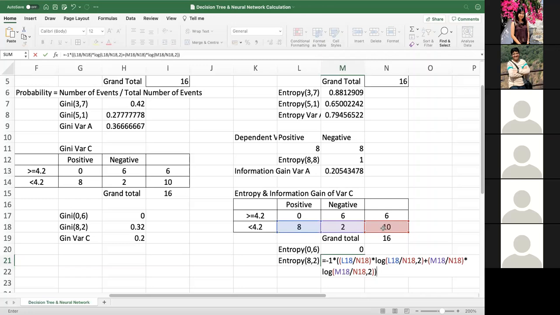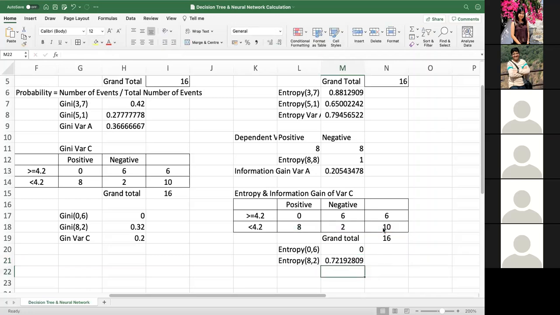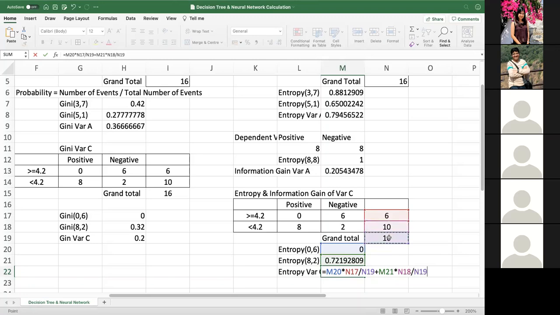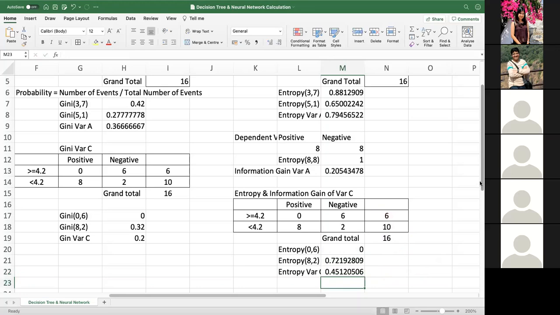So entropy of 8, 2 would be 0.72. Entropy of variable C is equal to 0 into 6 divided by 16 plus 0.72 into 10 divided by 16, weighted average. So you'll get the value as 0.45.